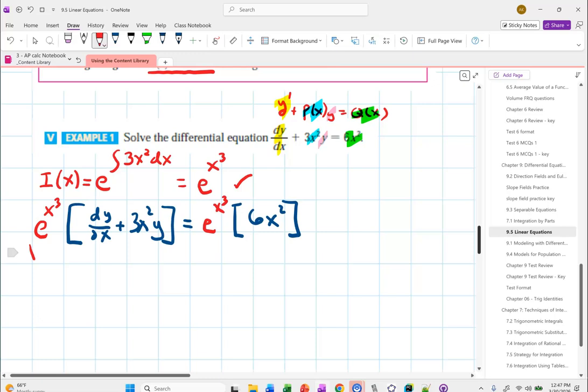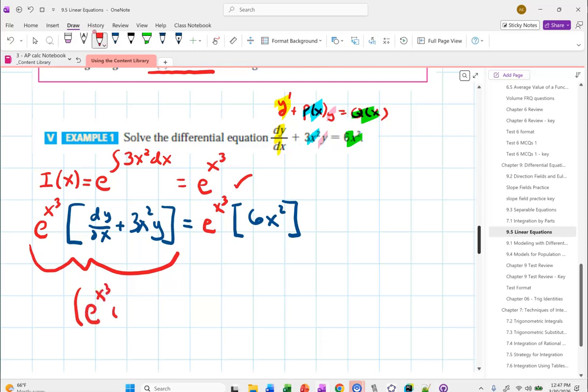Now here's the point. This side will condense down into the derivative of I of x times y. By definition, the way we chose our I of x guarantees that happens every single time.